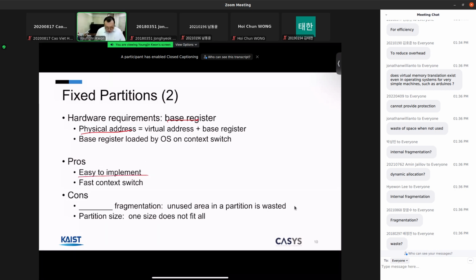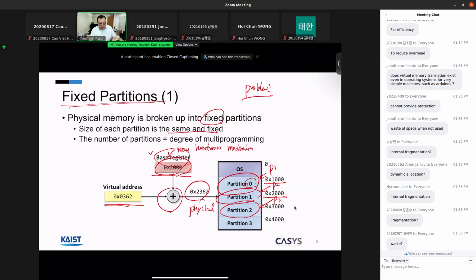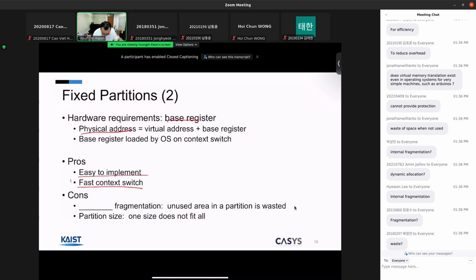Second, let's think about context switch. If your application changes, the hardware simply changes the base register value. Super simple context switch. Context switch has to do with the hardware state that needs to be changed across processes and the operating system.